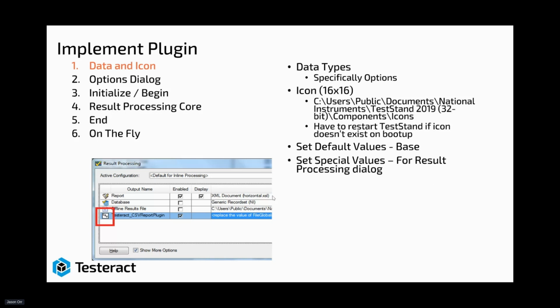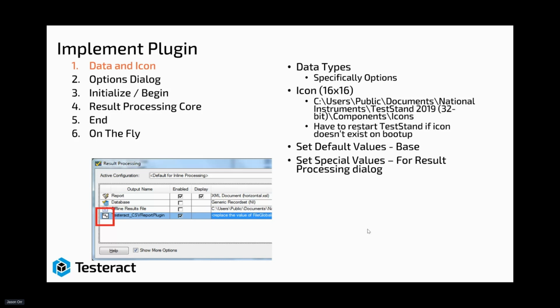Once you add them into that structure, TestStand will automatically generate those variables in your result processing.cfg file, and allow you to load those configurations in automatically for you. It's really nice that they provide that already.